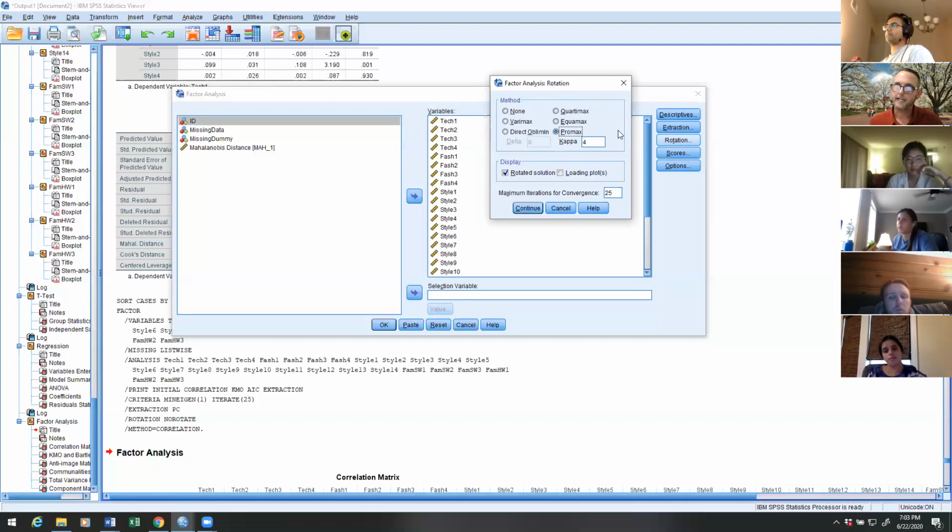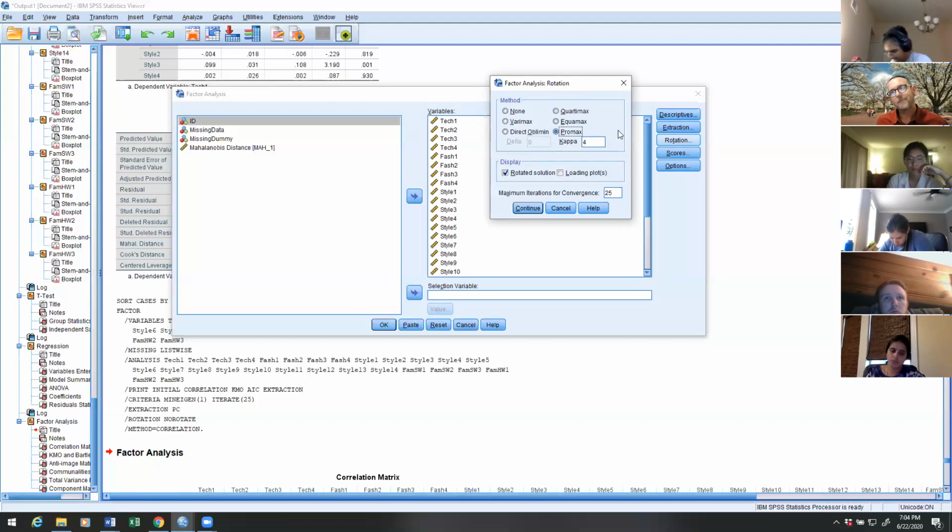If I did just the tech and just the fashion variables, with two factors, and did a Varimax, I'd be saying those two have no correlation with each other whatsoever. Philosophically, that's a bit of a stretch. You'd think they'd share at least some variance.